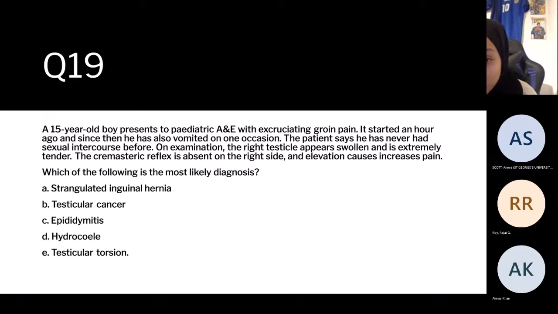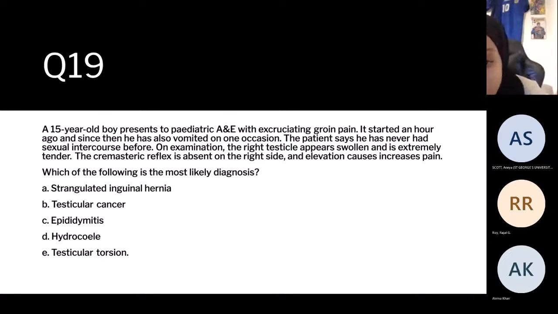The cremasteric reflex is absent, and elevation causes increase in pain. So when you elevate the testicle in epididymitis, it will actually cause a decrease in pain. But in this case, it doesn't. And if it causes an increase, then it's more than likely to be testicular torsion.